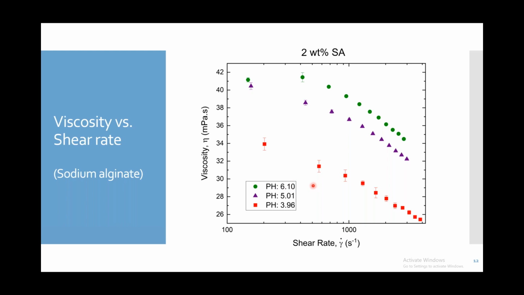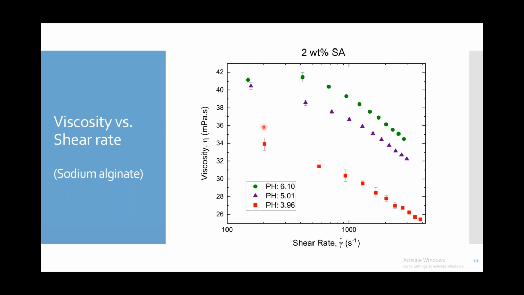To further analyze the behavior of sodium alginate at different pH values, I would like to mention that based on what I've seen in the literature, viscosity increases with decreasing pH in the low shear rate region, I mean shear rates lower than 10 inverse second. This behavior is likely due to the formation of hydrophilic hydrophobic aggregates.